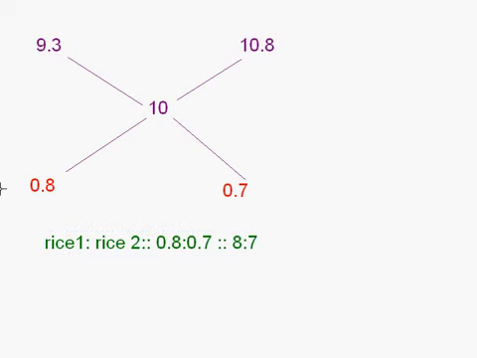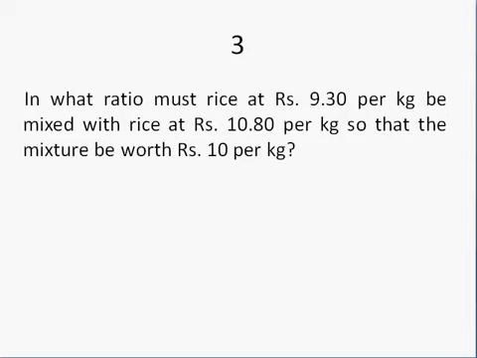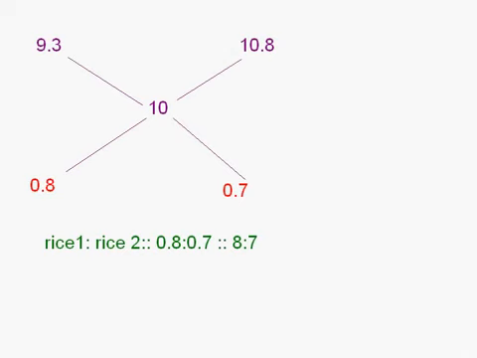Understood. So what we did in this question, we just used the basic rule of alligation. What does the basic rule say? Write the prices at the top, the cheaper one first and the expensive one at the second level. Then write the mixture price, and then do the basic subtraction.